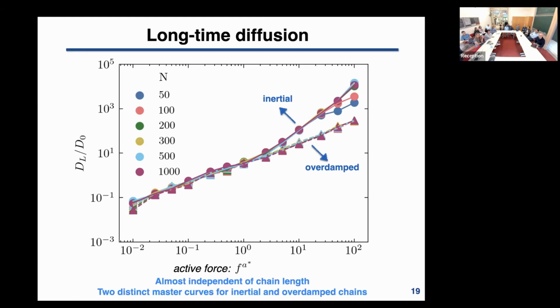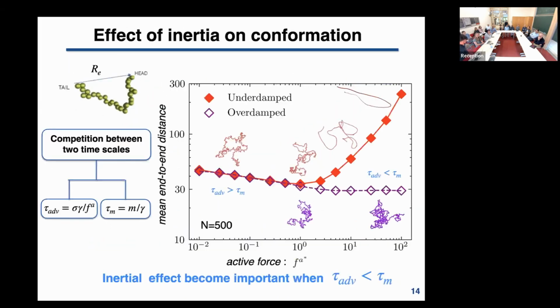I'm missing something here. Why doesn't it converge to 1 on the left side? Oh, sorry, I made a mistake. It's not the diffusion, it's 1 over empty. Because the D0 we defined was in this equation.